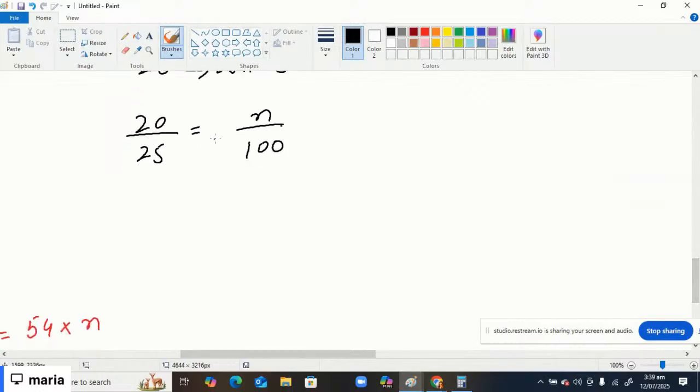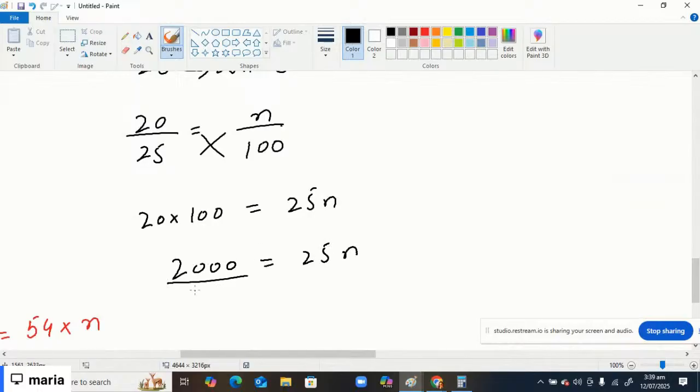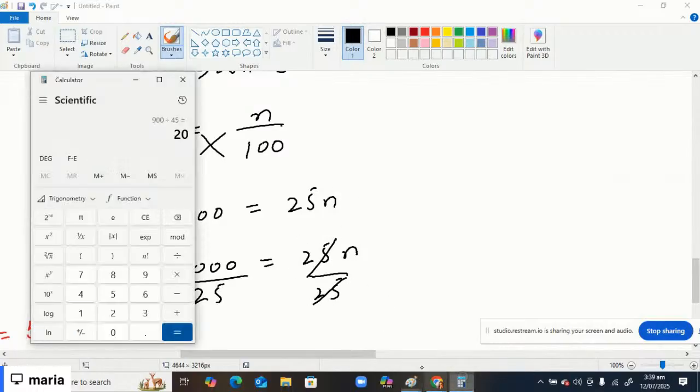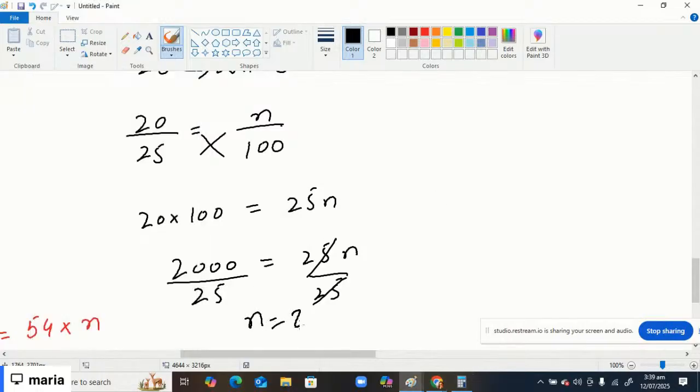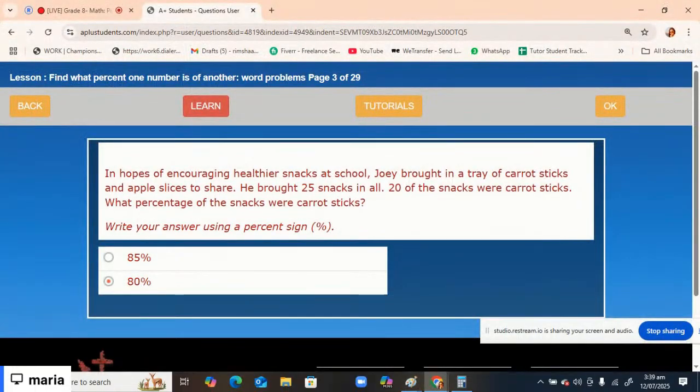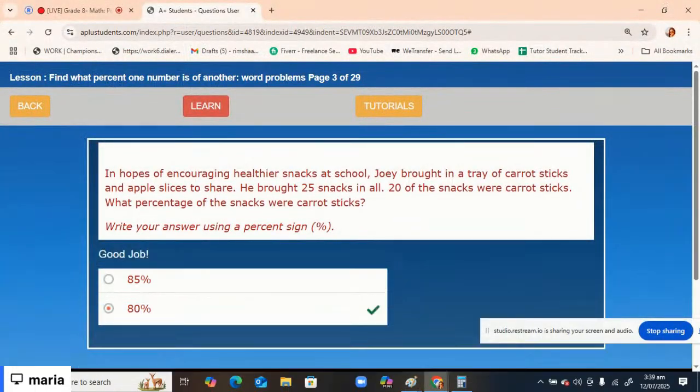Let's cross multiply. 20 times 100 is equal to 25n. So this is 2000 equals 25n, dividing both sides by 25. So 2000 divided by 25, n is equal to 80%. Let's see, is there any option for 80%? Yes, it's here. And this is also the right answer.